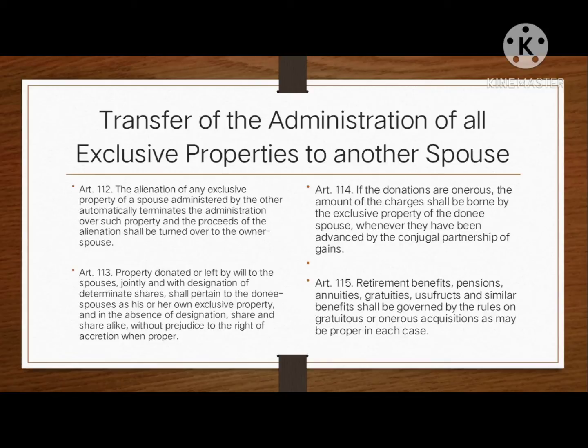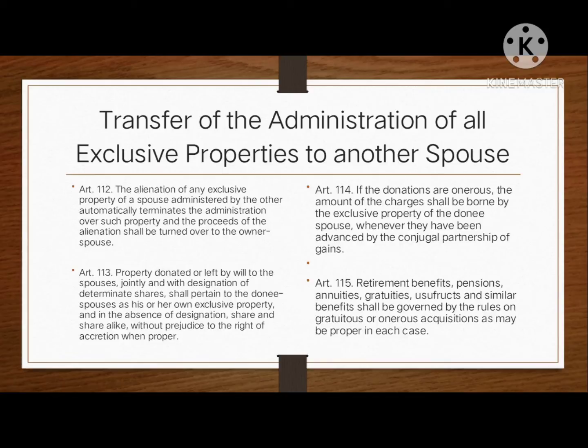So kapag sinabi naman nating donated or left by will, kapag andun yung designation or it is determined kung sino yung bibigyan, then it will become that spouse's own exclusive property. Pero kapag hindi naka-specify kung kanino ibibigay or ibibigay sa kanila both, then it will be share and share alike, meaning it will be equally divided by both spouses.